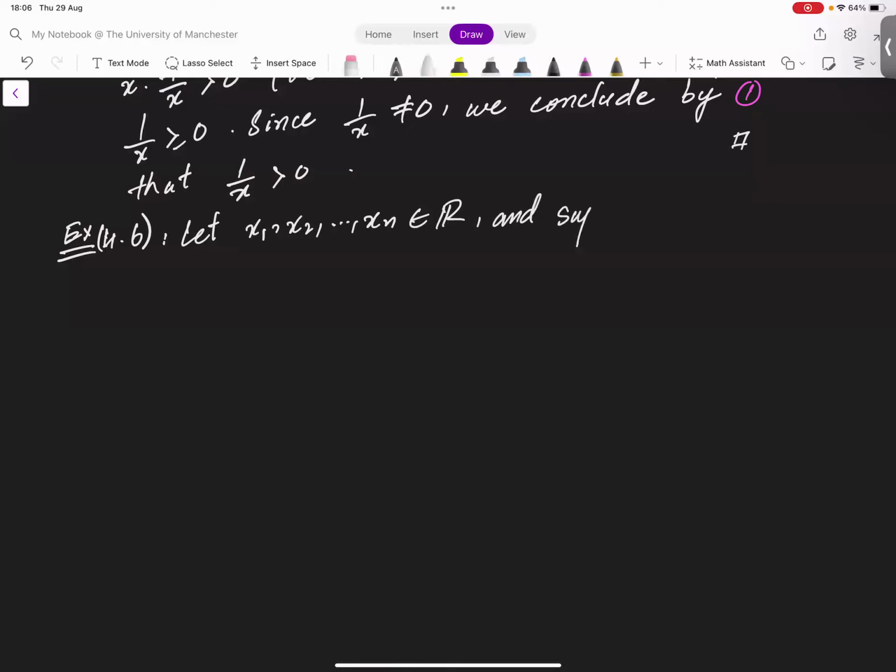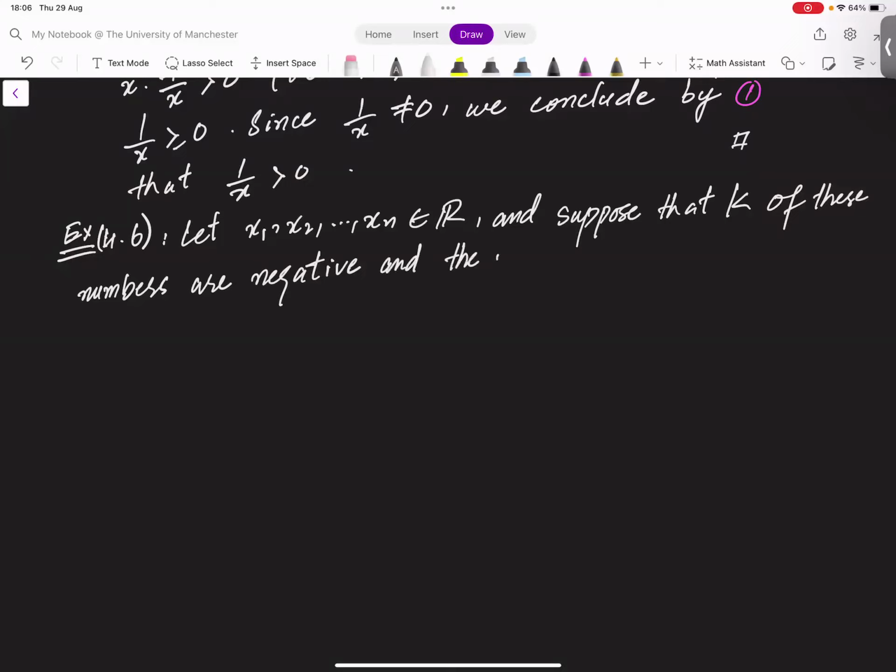And suppose that k of these numbers are negative and the rest are positive.